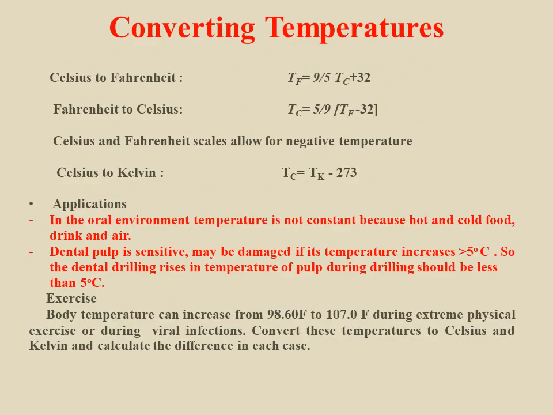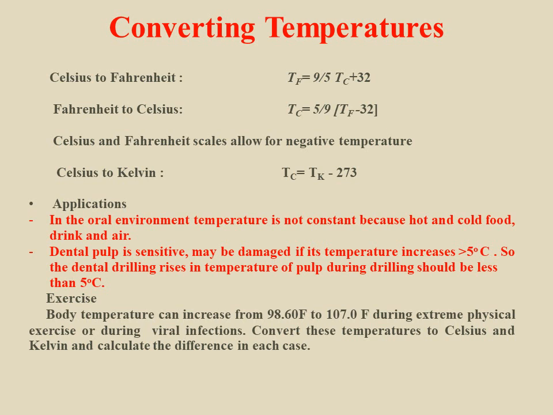Converting temperature between the three scales: Celsius to Fahrenheit, Fahrenheit to Celsius, and Celsius to Kelvin, by these written equations. We notice that the Celsius and Fahrenheit scales allow for negative temperature, while Kelvin doesn't.